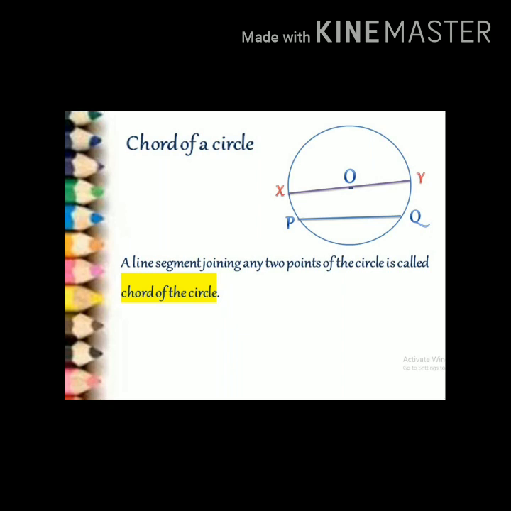Any line segment joining any 2 points on the circle is called a chord. Diameter is also a line segment joining any 2 points on the circle, right? So, we can define the diameter as a chord of a circle passing through its center. Moreover, the diameter is the longest chord of a circle.